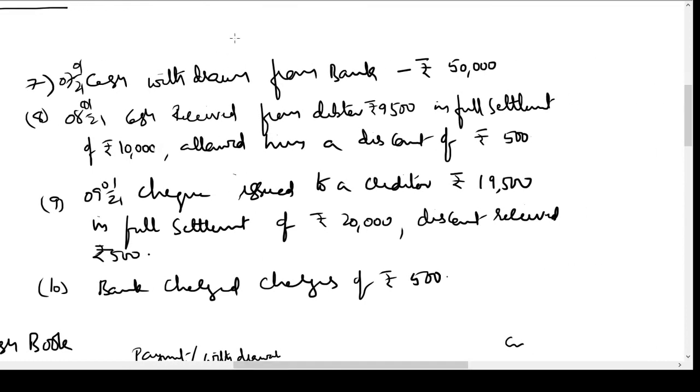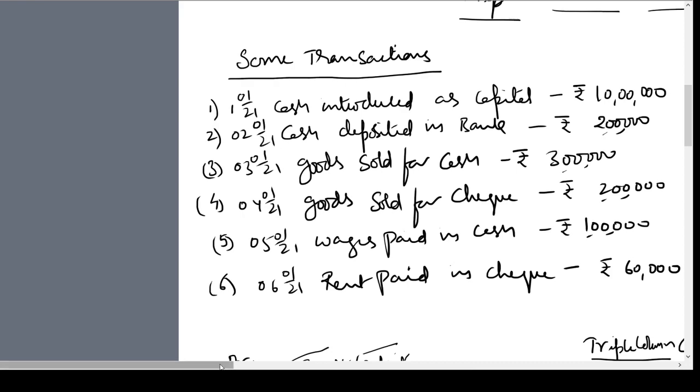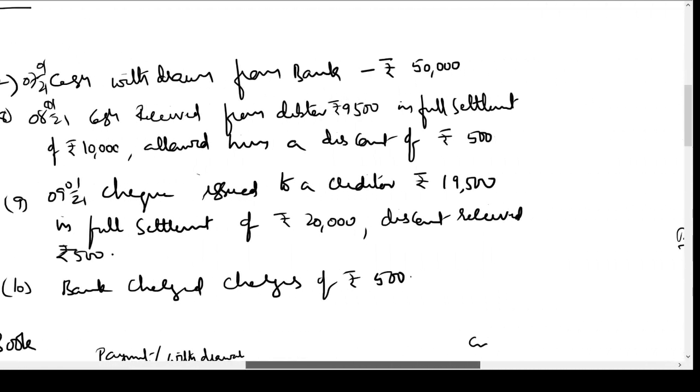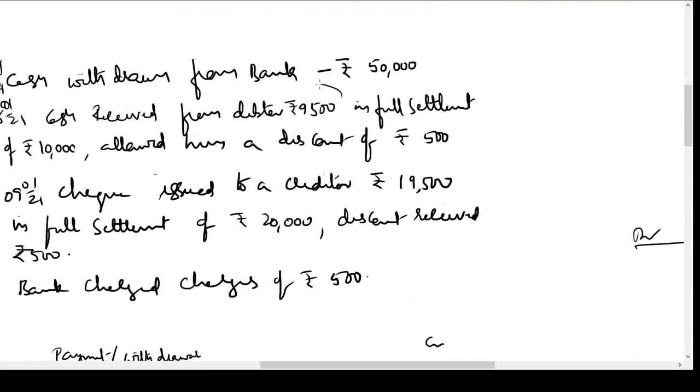8th January, we have a special transaction here. 8th January 21, cash received from debtor 9,500 in full settlement of rupees 10,000. Allowed him a discount of rupees 500. Now, generally what is the entry we pass for this type of a transaction? A debtor owes us rupees 10,000.